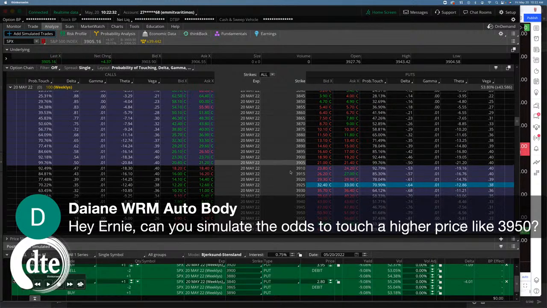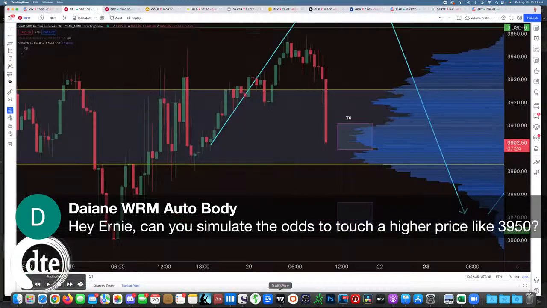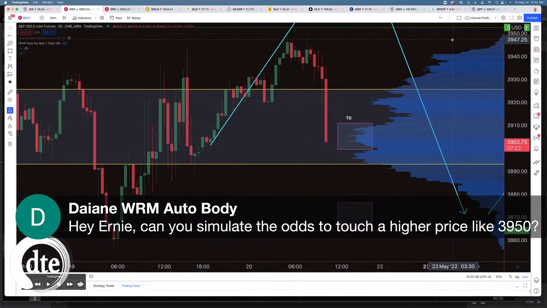I'm going to say that the odds are actually quite a bit lower than that, because if we take a look at the 39.50, that's this LVN. That would mean that we would have to reverse up and get out of this T0. That's a tall order. That's really a tall order. It couldn't do it all day yesterday.